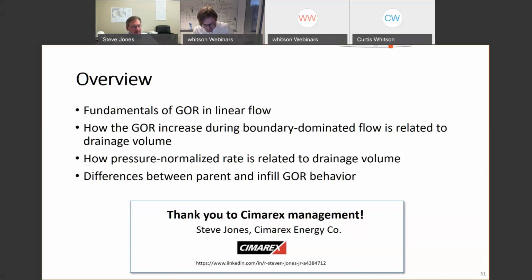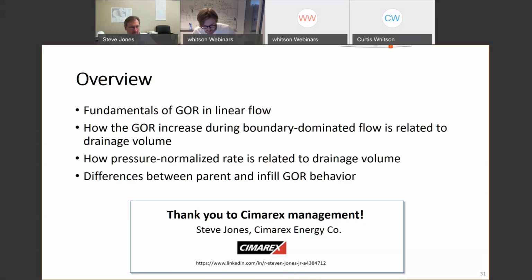So you'll typically see a temporary reduction in GOR. And of course, if you get a lot of water in the parent, the bottom hole flowing pressure of the parent also goes up, which also reduces your GOR. So it's typically a temporary reduction in the GOR that will recover to its initial, pre-frac level over time.